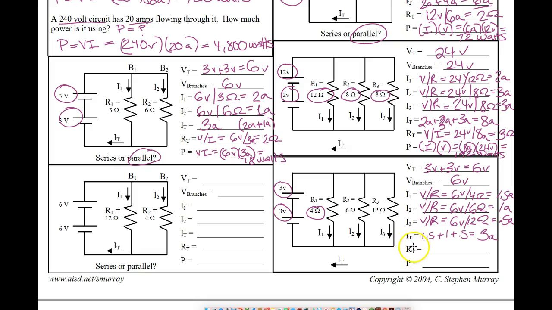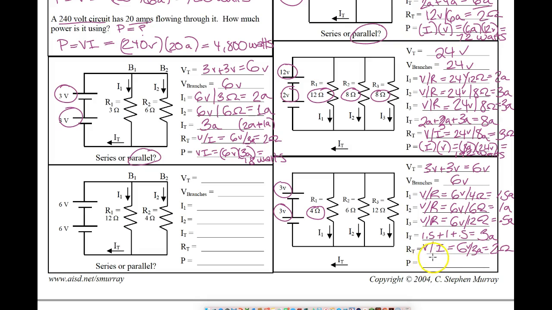And then our resistance total is V over I, which is voltage divided by your current. And so it is 6 divided by 3, which comes up with a nice number of 2 ohms.